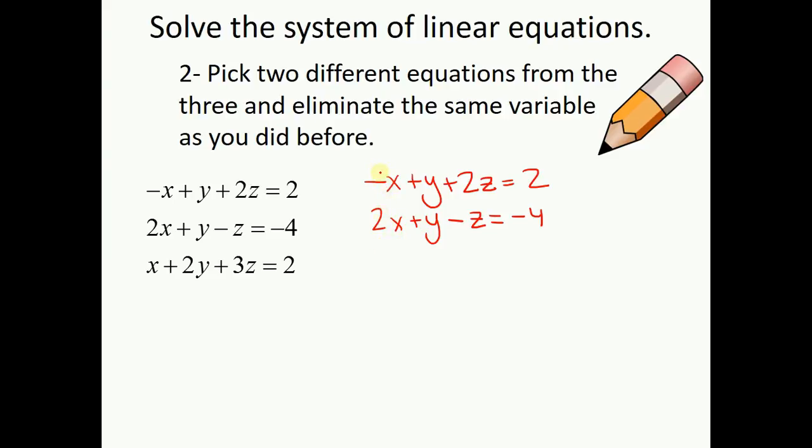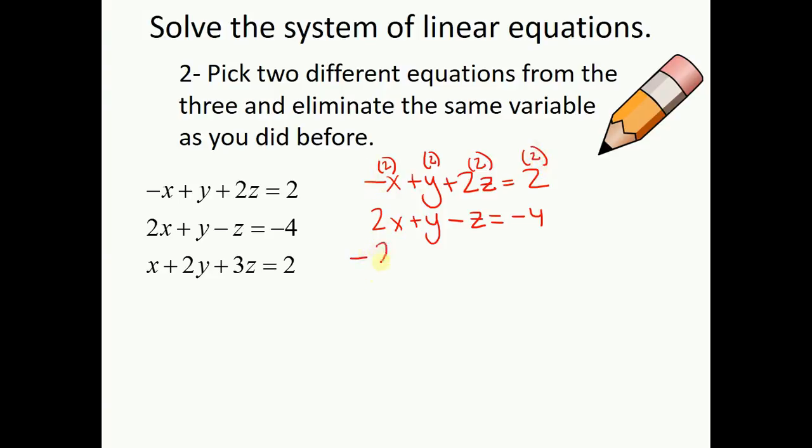So let's multiply. I need them to be both the same number, right? Both a 2, one needs to be negative, one needs to be positive. I have the negative and I have the positive taken care of. So I need this to be multiplied by 2 for everything up here, because then I'll get a negative 2x.